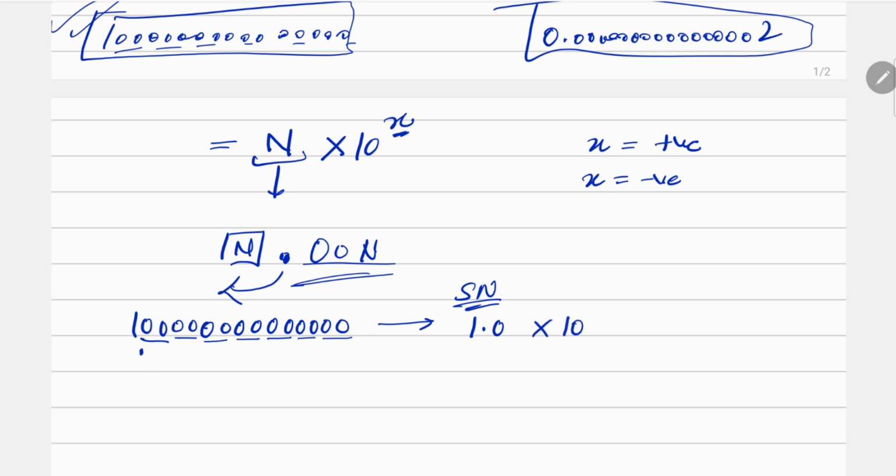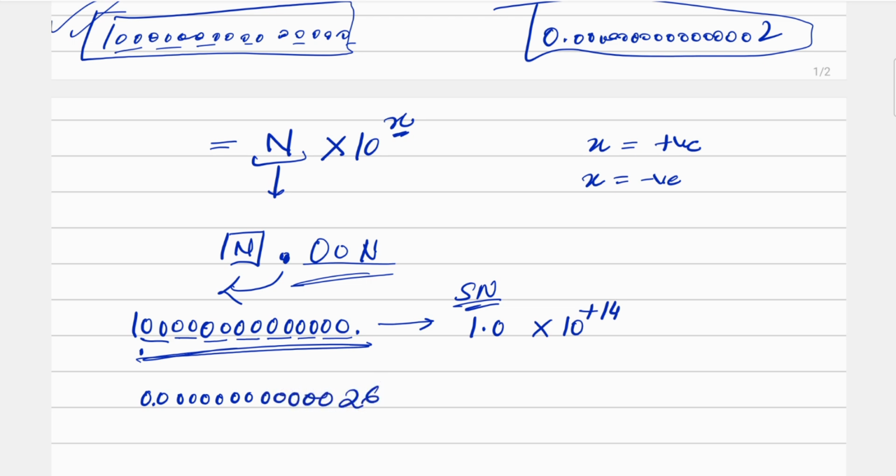There were 14 zeros, so obviously the decimal is shifted from the right-hand side to the left-hand side. So it is positive, that means it will become 14. So the scientific notation, or the exponential number, for this particular large number is going to be 1.10 raised to power 14. Now let's take the other example which we have taken, a very small number. An extremely small number is present.